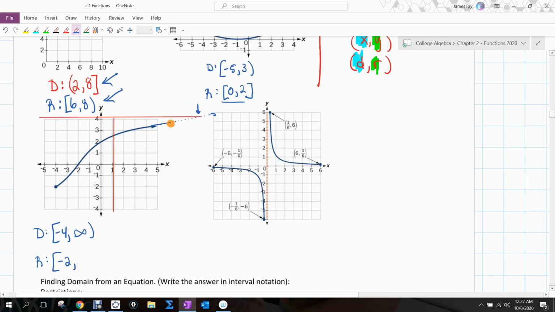So that arrow is telling me not only is it moving in the x direction forever, it is growing in the y direction forever. Now it's going to take a long time to get to like 1,000 in the y direction, but it'll get there. I just might have to be out at 100 billion for the x value to get there, but it'll get there. So we're going to positive infinity as well in the range.